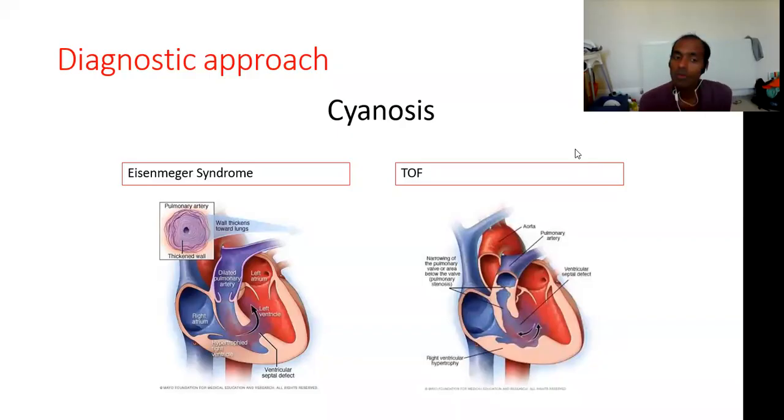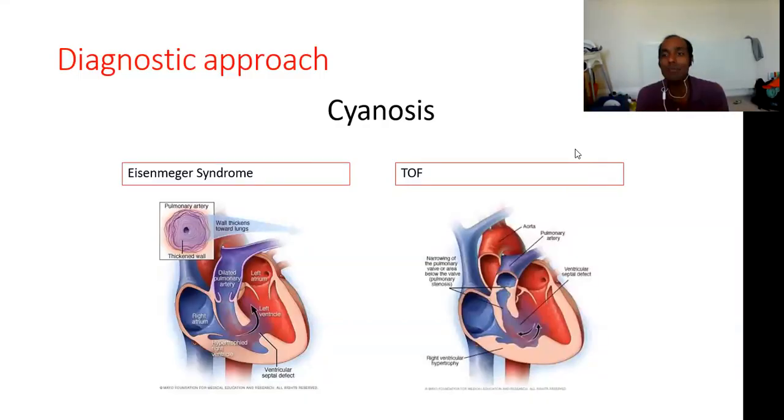Like elevated jugular venous pressure, number 1. Palpable second heart sound in the pulmonary area. And a parasternal heave because of right ventricular hypertrophy. Pulmonary hypertension causes hypertrophy of the right ventricle.